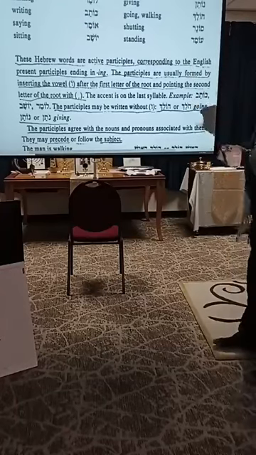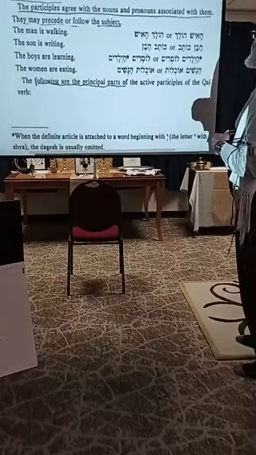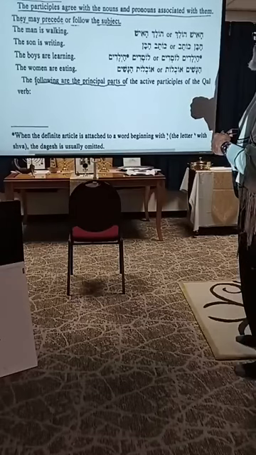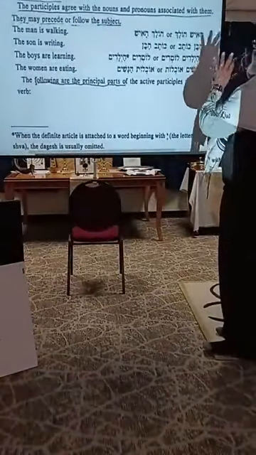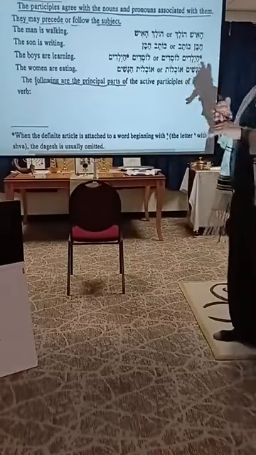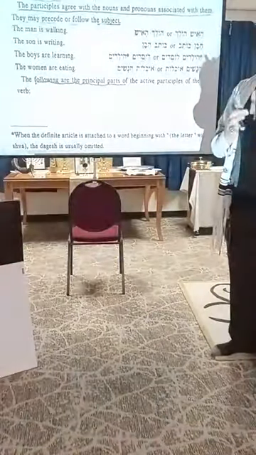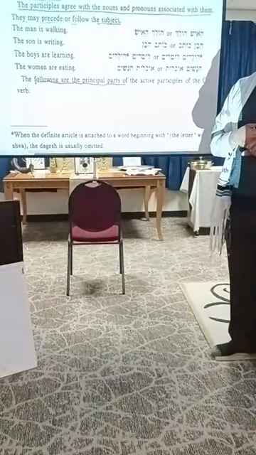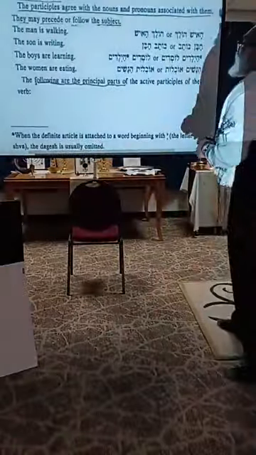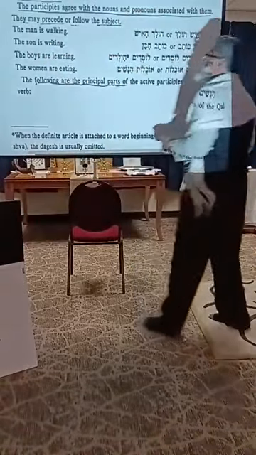So scroll up. We're going to look at some examples. One of the things we want to be mindful of is that the participle can come after the noun or pronoun, or it could come before the noun or the pronoun. So, we're going to look at this sentence here: the man is walking.